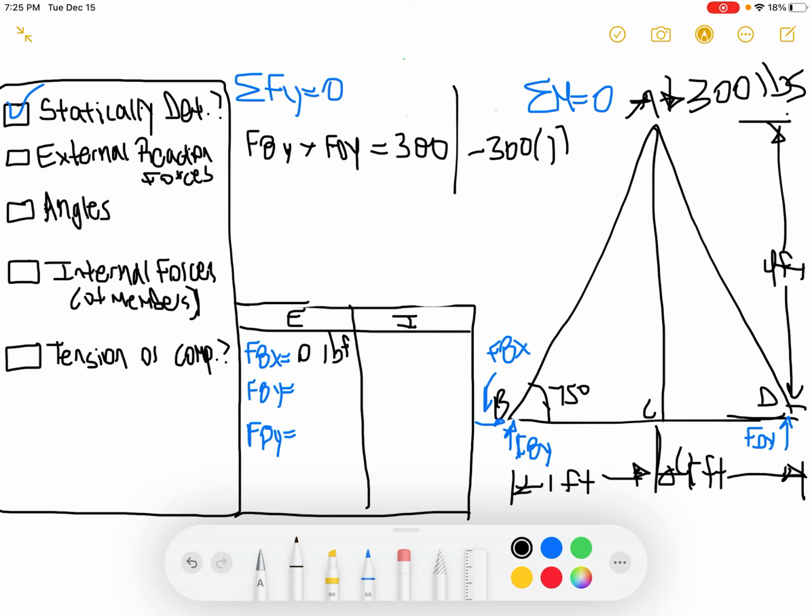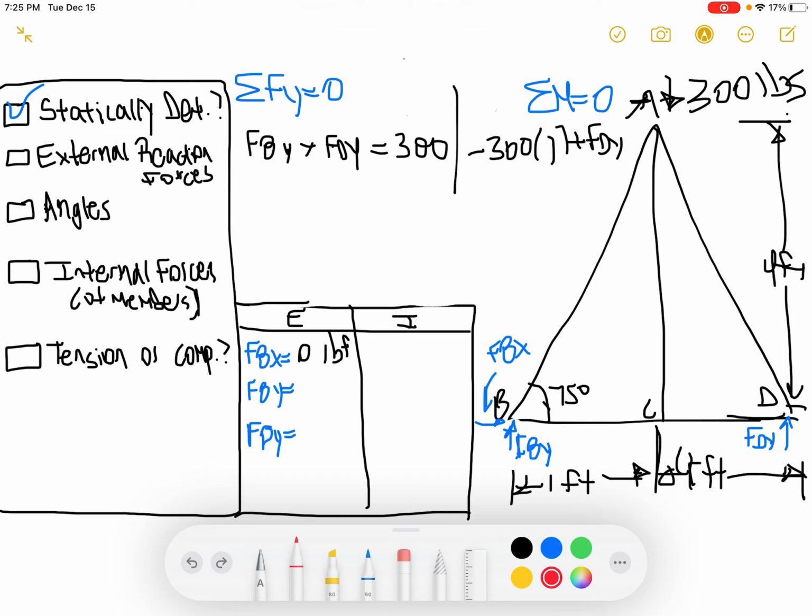Then now we need to add FDY, because that's the other moment. And it is positive, because if this truss rotated around this point, it would be counterclockwise, because this force is down, and counterclockwise means positive.